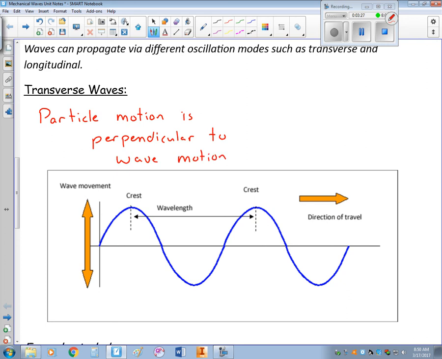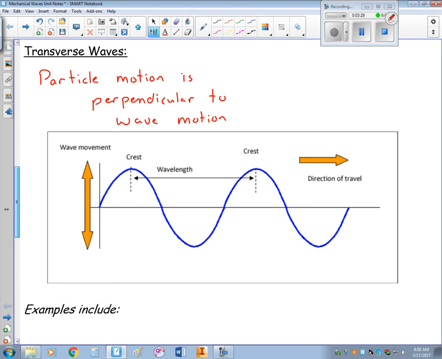So I have a graph of a transverse wave, and notice we have to have some sort of particle oscillating up and down. Imagine a string where you take the end of the string and you shake it up and down. That will create waves that will travel away from where the shaking occurs.